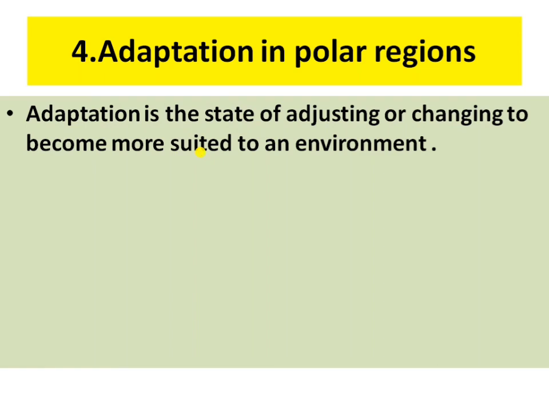Adaptation is to modify themselves to suit that environment. We can also say that adaptation is an evolutionary process where an organism becomes better able to live in its habitat.